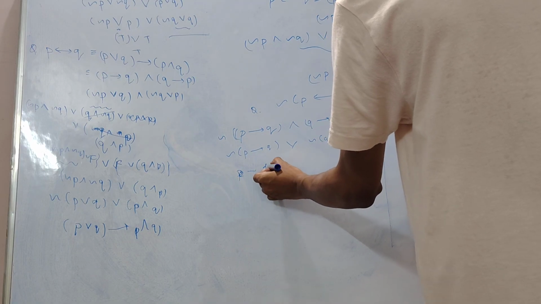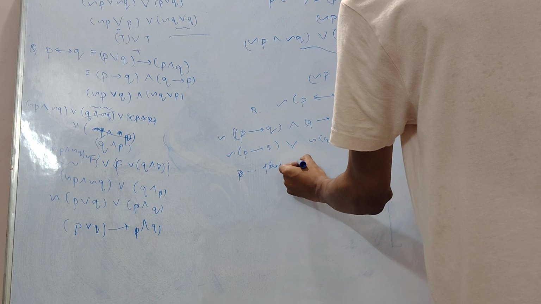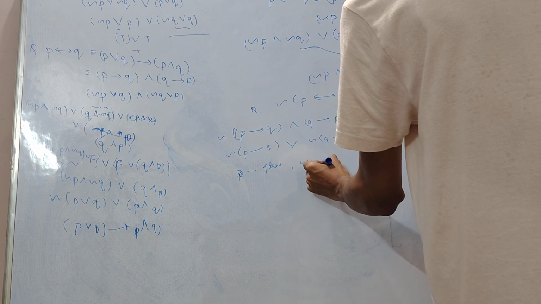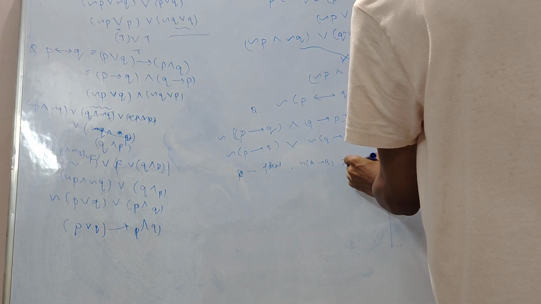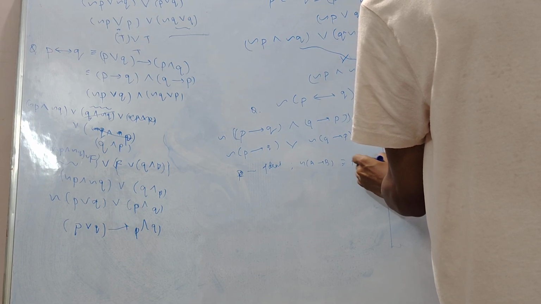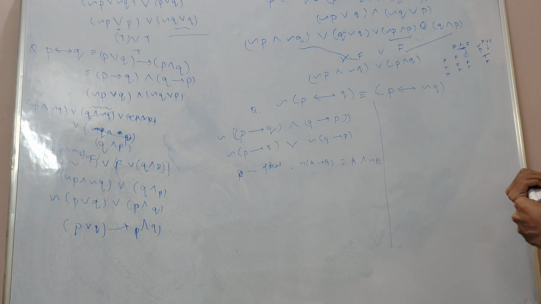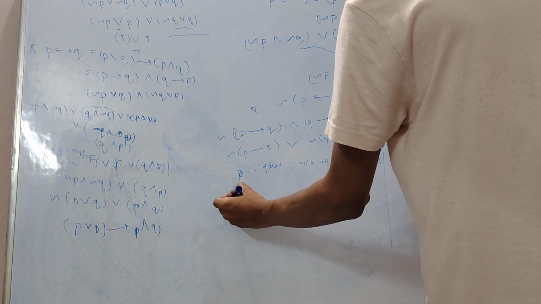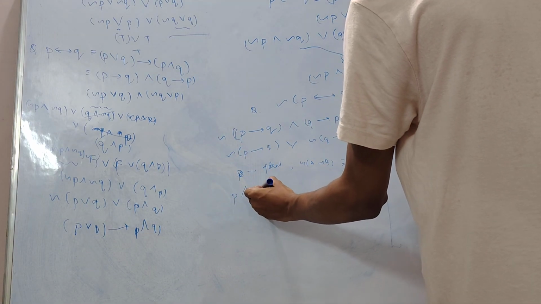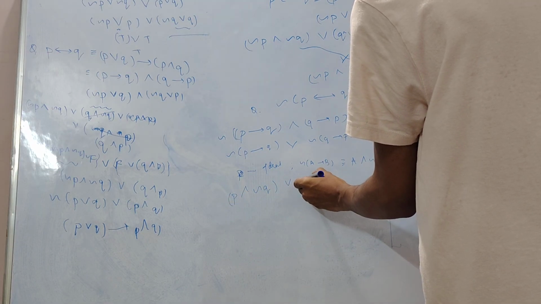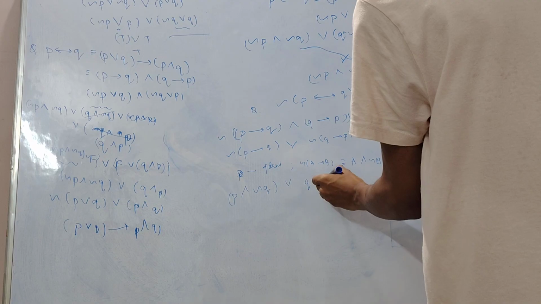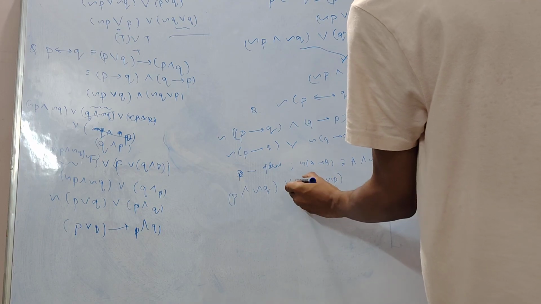I will use identity here. Negation of A implies B will be logically equivalent to A and negation of B, right? So this will be P and negation of Q, or Q and negation of P, right?